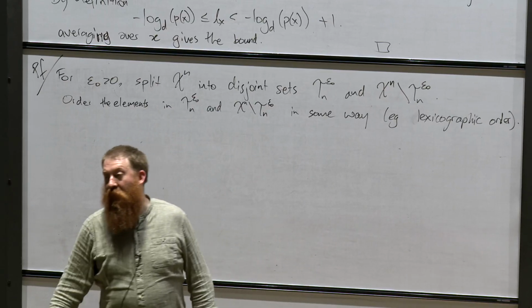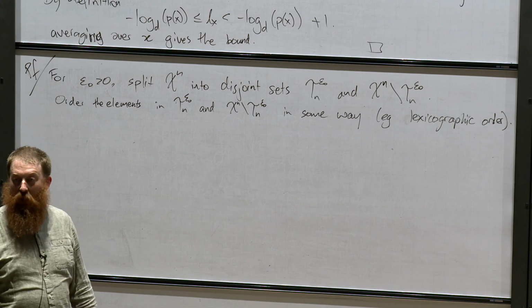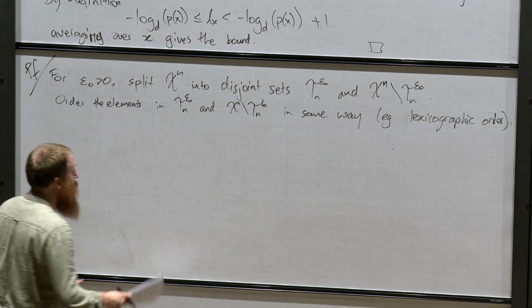Whenever I say lexicographic, that just means alphabetical order where my alphabet is 0 and 1 and 0 comes before 1. Okay?